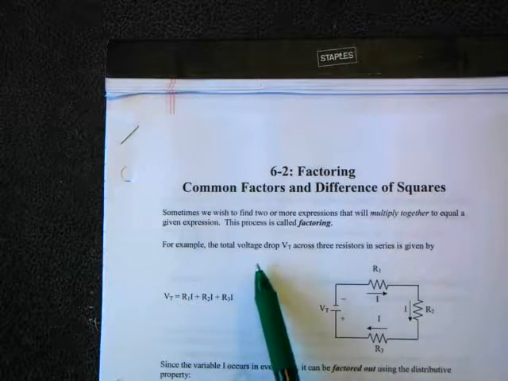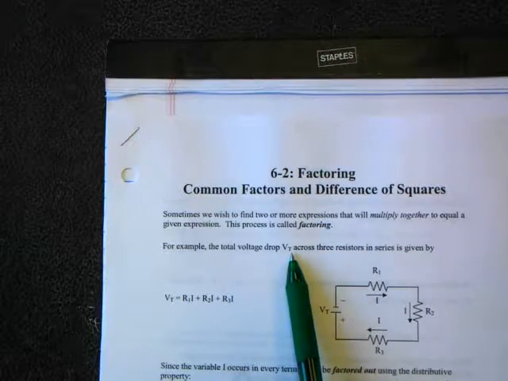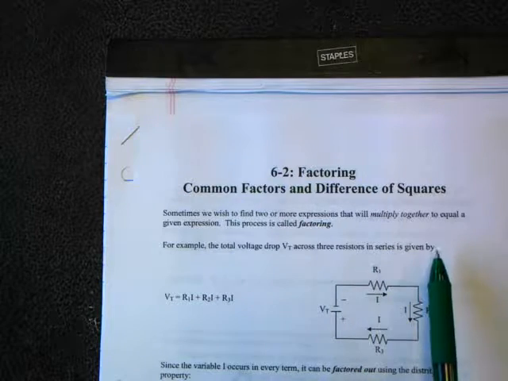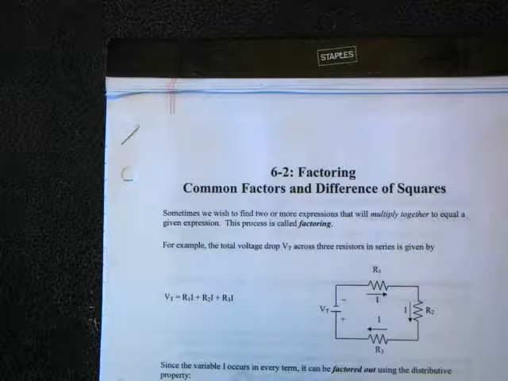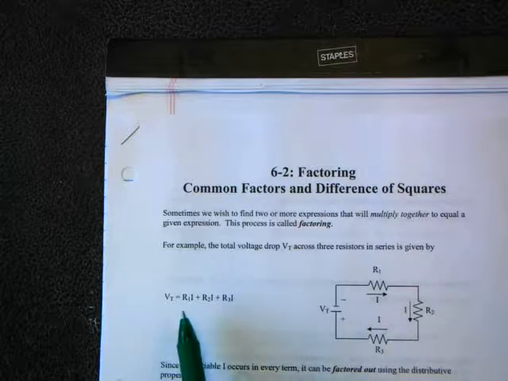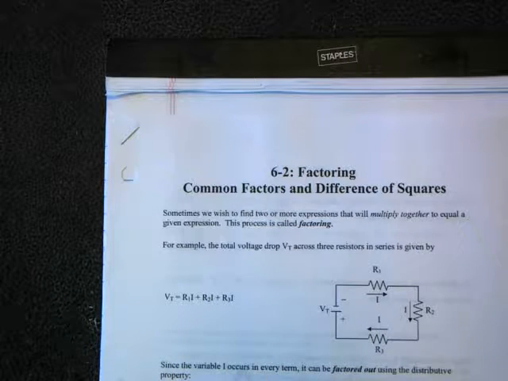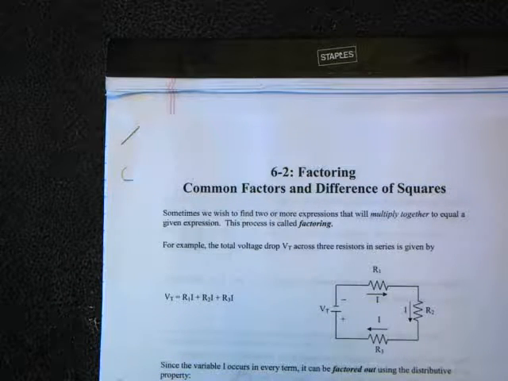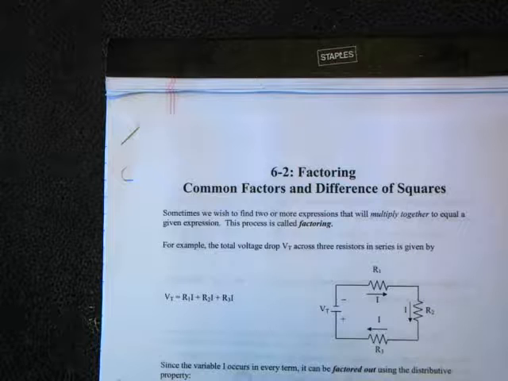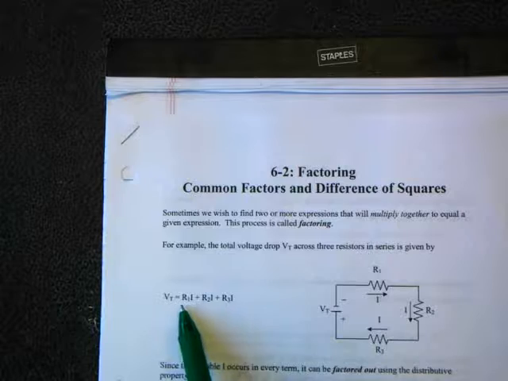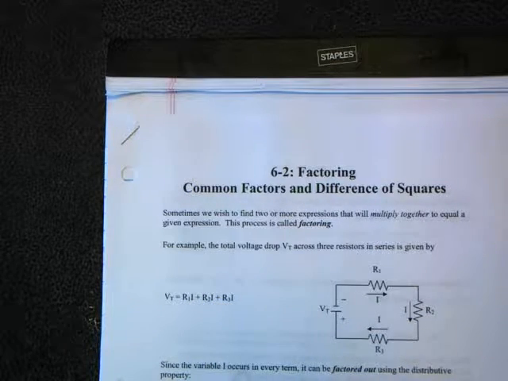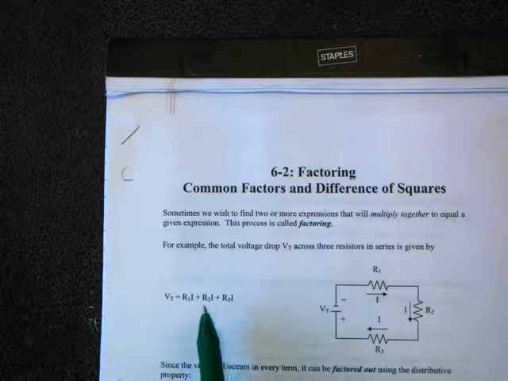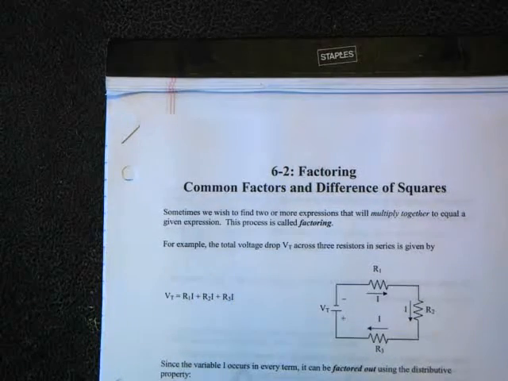The voltage drop, V sub t, across 3 resistors in a series is given by voltage drop equals, what does R stand for in an electric circuit? Resistance 1 times, what's I? It's what? Current, measured in amps, typically. All right, so we have R1 times I plus R2 times I plus R3 times I. And over here we notice that we have one variable that's common to all three pieces.